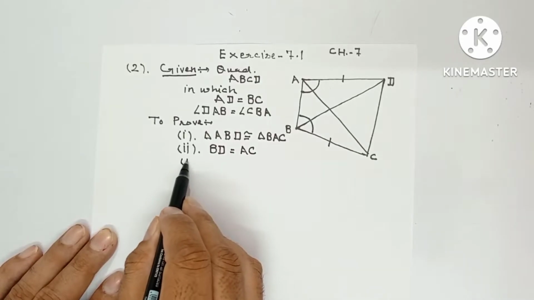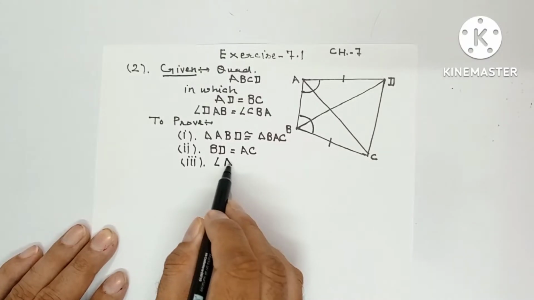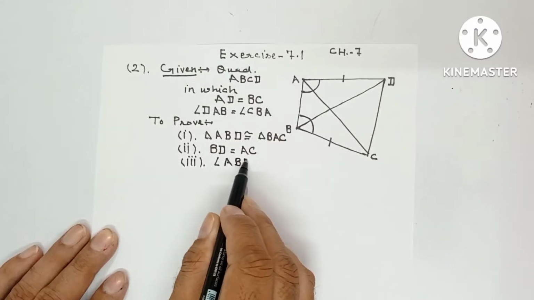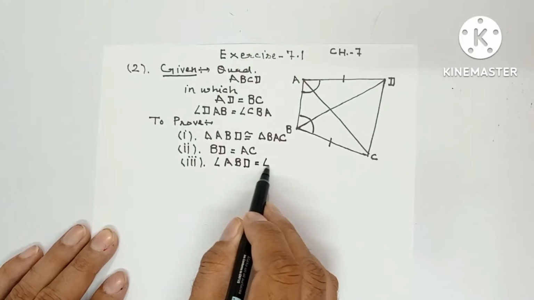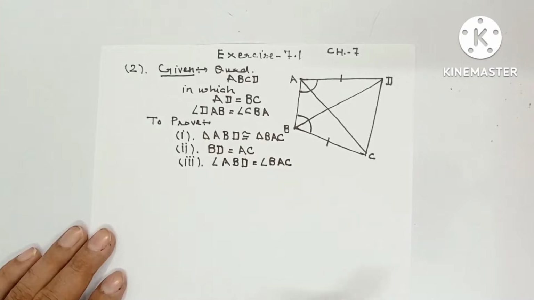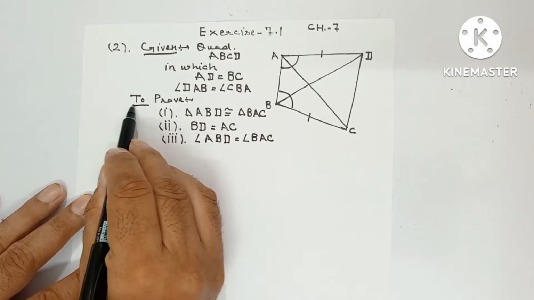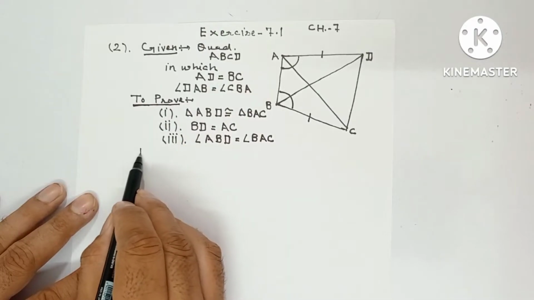And part number 3, angle ABD is equal to angle BAC. So these three parts need to be proved. So let's start doing the proof of these.